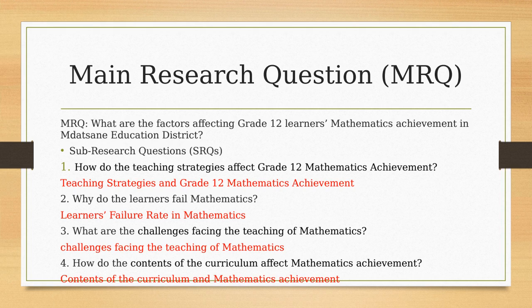Now, like I told you, when you turn your working title into a question, it becomes the main research question. There's nothing like main research questions. It's only one. When you turn your topic into a question, when you turn your working title into a question, it becomes the main research question, which I use MRQ, but I did not ask you that in the assignment.